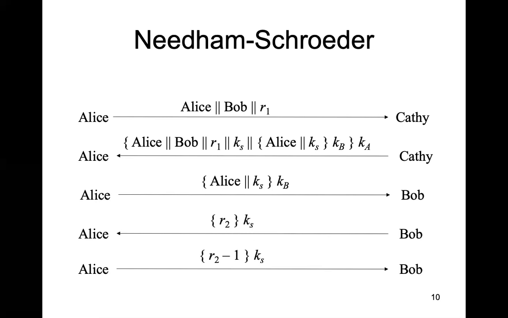She is just trying to get Bob to reuse the key KS, but that is now defeated over here. Okay, because Eve will not be able to produce this message. The way that Alice produces this message is by getting this message, decrypting it using KS, obtaining the clear text value of R2, applying the function to R2, which is in this case minus 1, encrypting that message once again, and sending it back to Bob. Okay, so Eve will not be able to accomplish any of that.